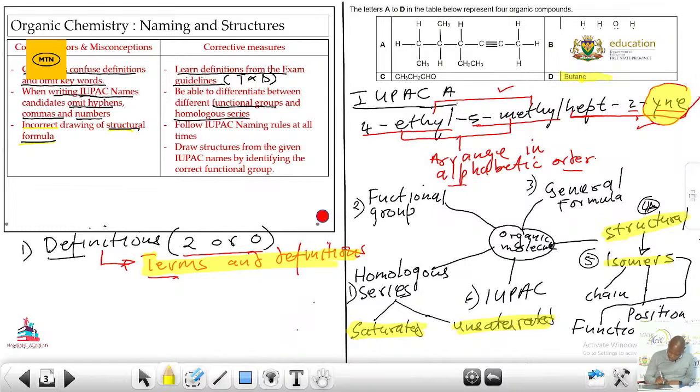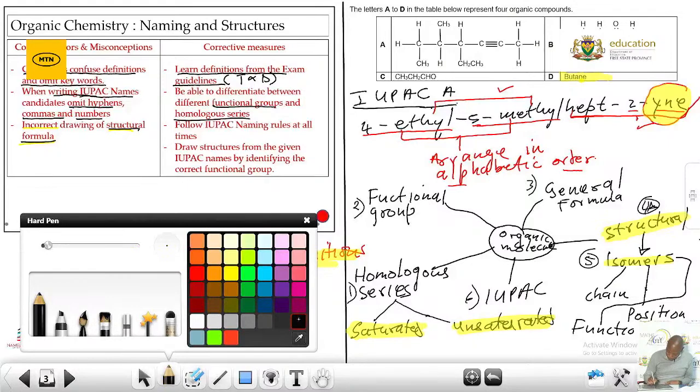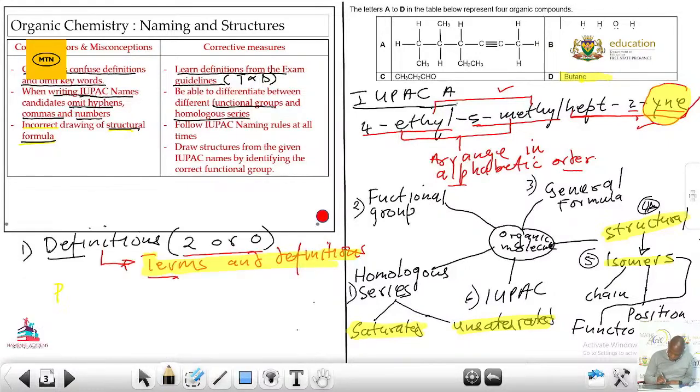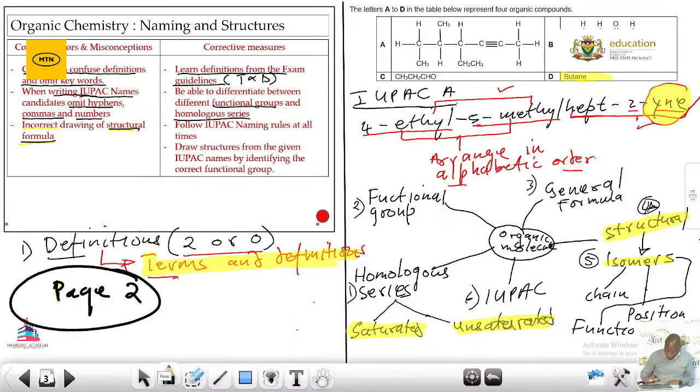So I want you now to go to page 2, and for page 2, this is now where you can find everything nicely summarized with the name of the functional group, with the homologous series, together with the general formulas, as well as how to go about writing the correct IUPAC name.